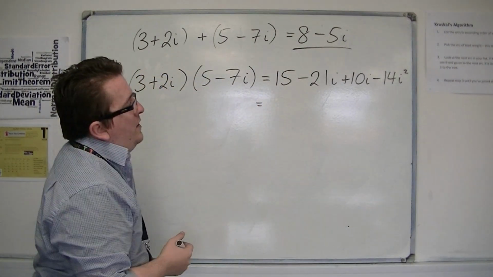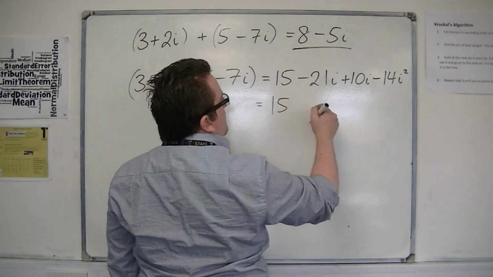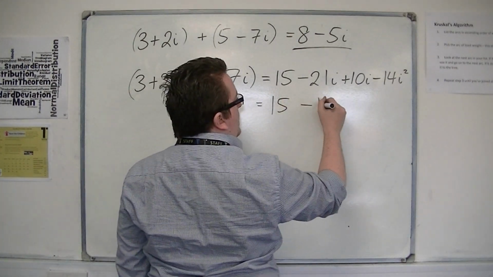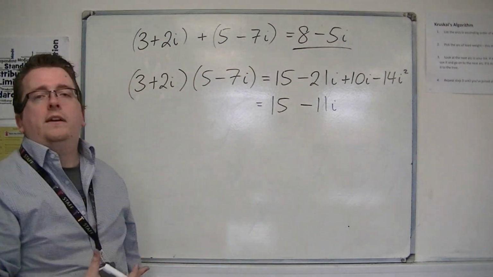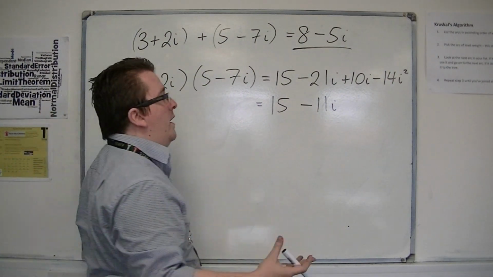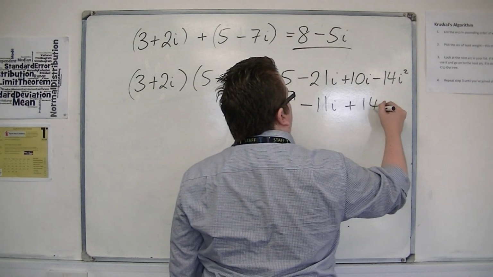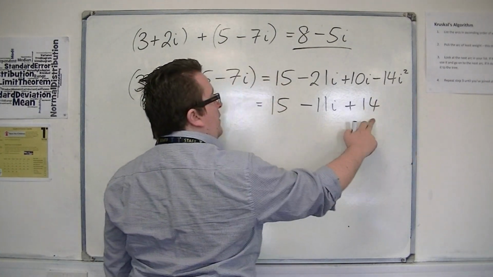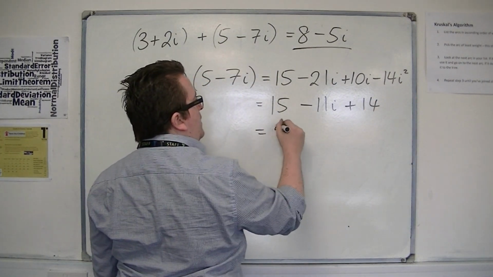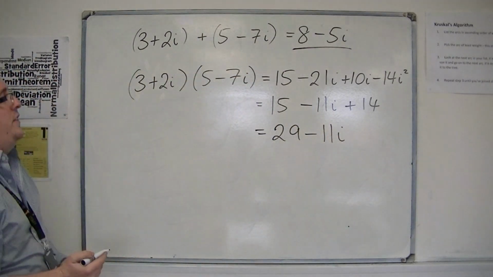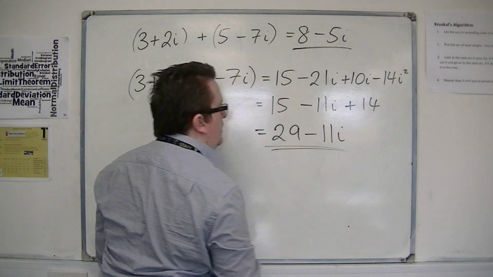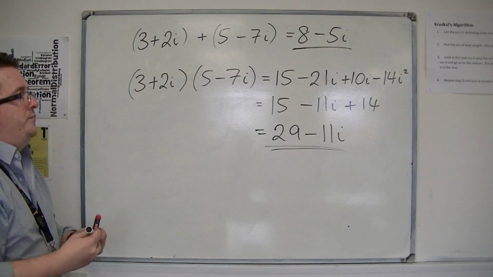Now, what have we got here? We've got 15 minus 21i plus 10i, so minus 11i, and then you've got minus 14 times i squared. Now, i squared was minus 1, so minus 14 times minus 1 is plus 14. So we have 29 minus 11i. So that is the answer to the product of the two complex numbers.